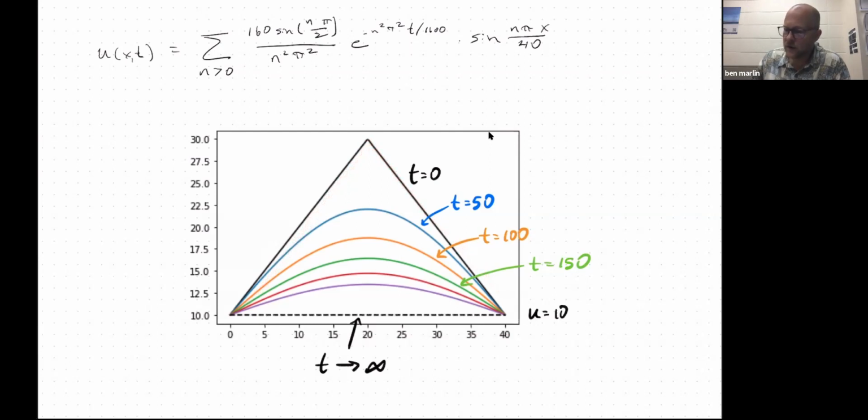Then as you allow the values of t to get larger, they will take that tent shape and slowly make it more and more gentle until it eventually gets flattened down to this, where the u turns out to be equal to 10. So I wonder if I can fix that later. We'll see.